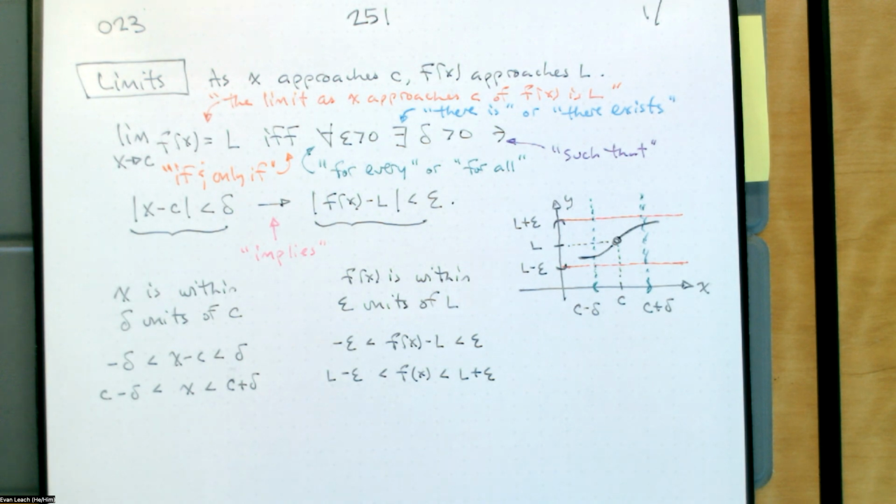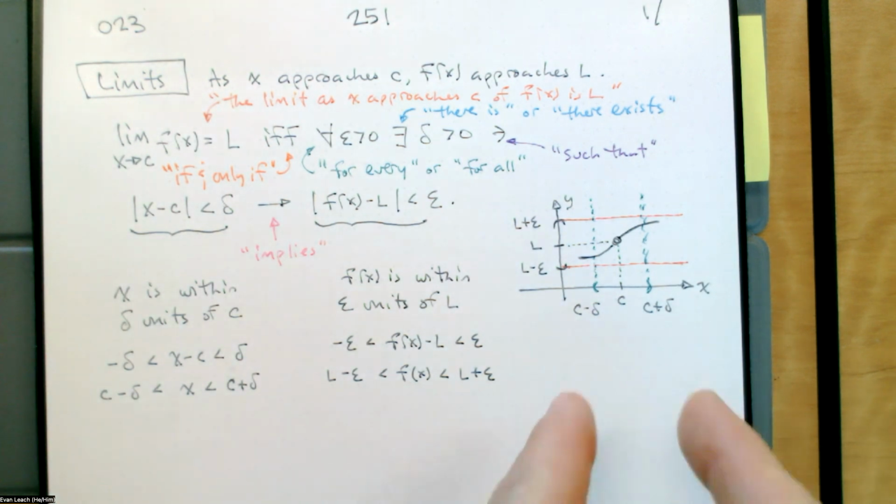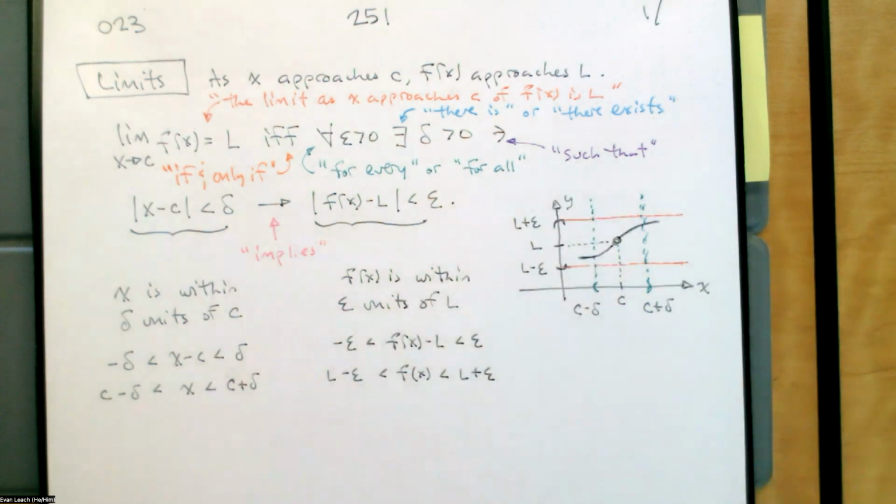Now that function is entirely contained, that function is within epsilon units of L. To make that happen, I have this delta. I could use a smaller value of delta, and it would still be true. I could use a really small value of delta. The point is, can we make this happen? If the answer is yes, then we say the limit as x approaches c of f of x is equal to L.